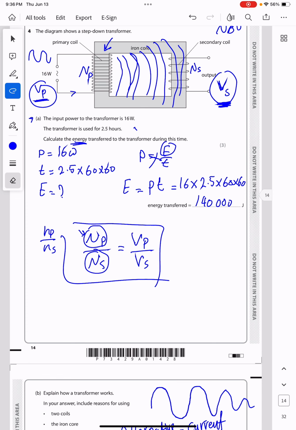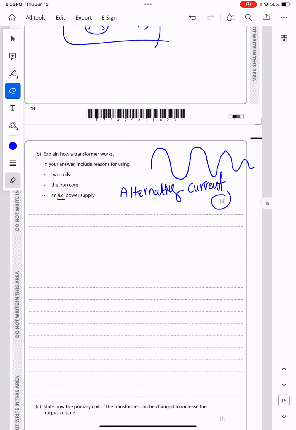And also, one more thing to know about is step down and step up transformers. But before that, let me just make sure that we covered everything here. So we talked about the two coils. Yes, we did. We talked about the iron core. Yes, I did. The alternating power supply. Yeah, why does it have to be alternating?